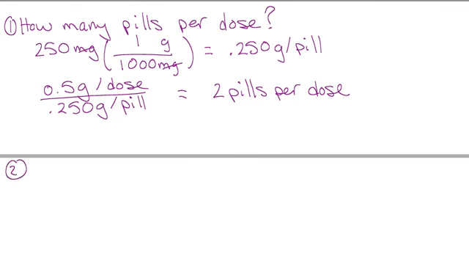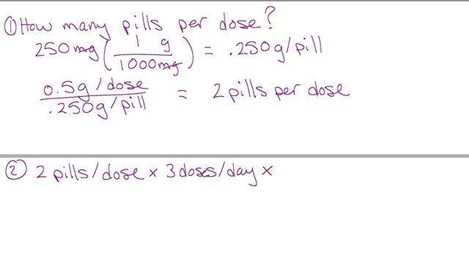So the piece of information we have, we know that there are 2 pills per dose. I'm just going to write it like that because it's a little bit shorter. And we know that there are 3 doses per day. And then we know that there are 5 days per prescription.